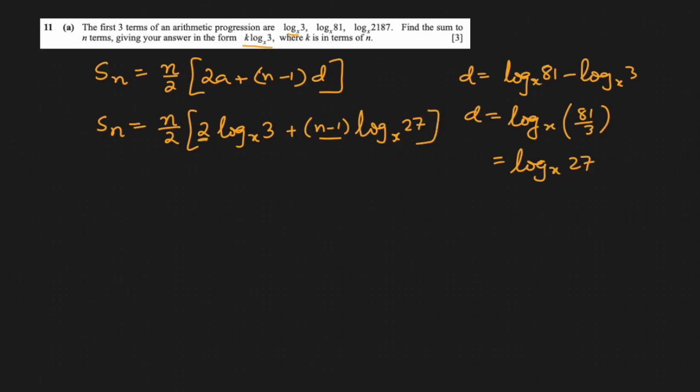Since they want it in terms of log base x of 3, I'll keep the first term as it is, plus n minus 1, but this one I'll write as log base x of 3 cubed. 27 is 3 cubed, and this 3 can come in front.